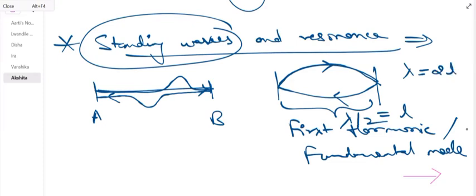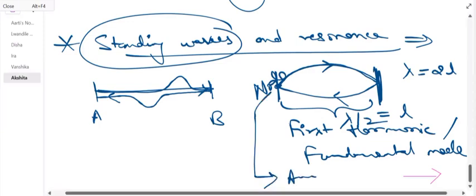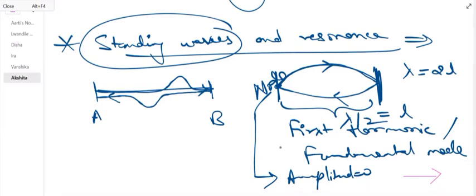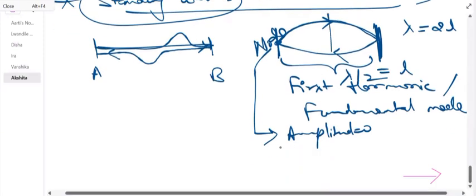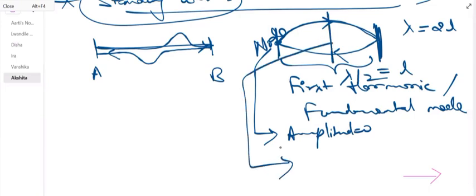Correct? Yes, ma'am. Okay. Now pay attention: whenever you have a closed end, you will get the term which is known as node. Node means where your amplitude is equal to 0. Also, there is a point where your amplitude is maximum, which is known as antinode.